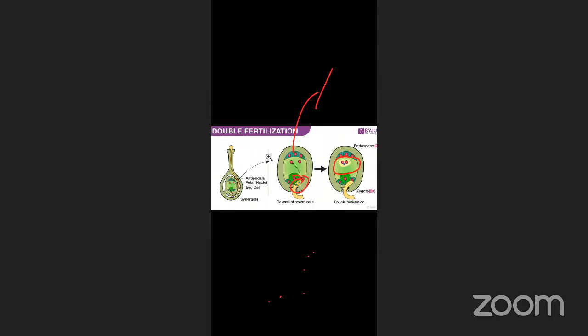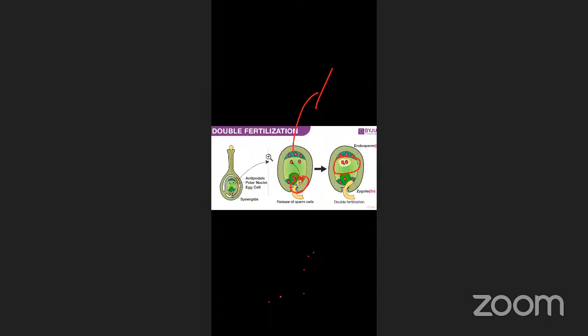Remember it. Of course, first syngamy, next triple fusion, but the earlier development is endosperm and then the embryo follows. Why is the endosperm developed earlier? To provide nourishment to the developing embryo. That's why the endosperm is formed first.